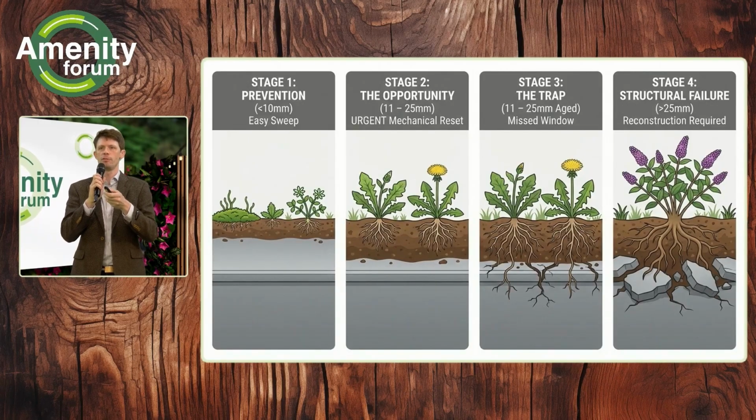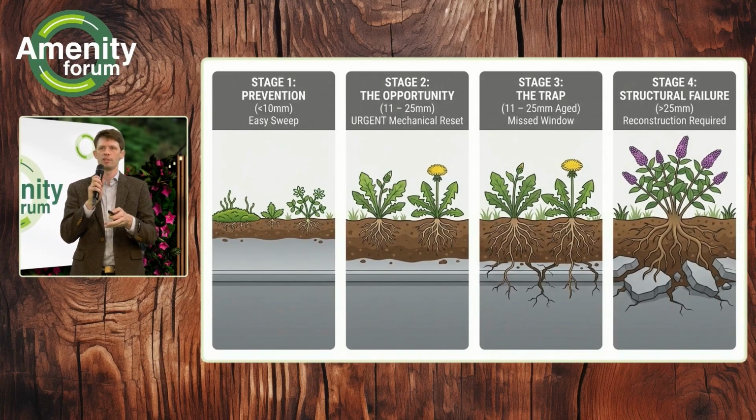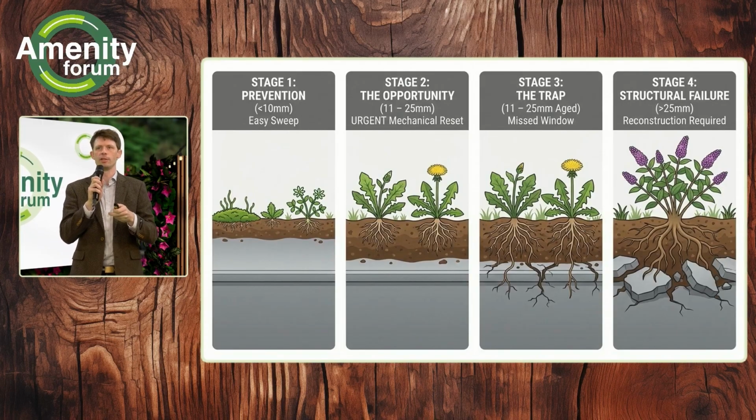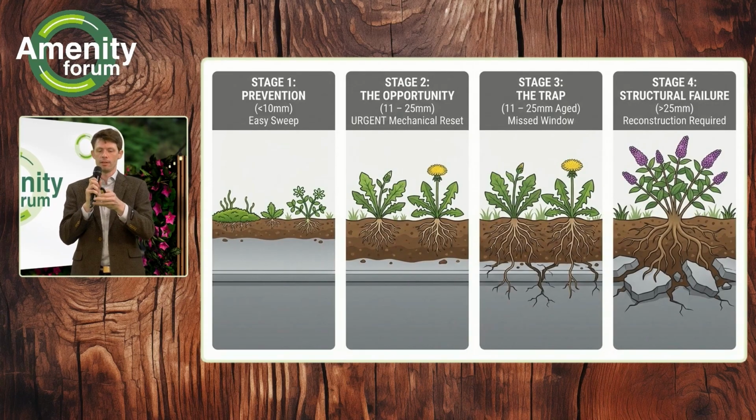By stage 3, you've missed that window where it's no longer causing damage and it's starting to anchor into the surface. Stage 4 is where you start getting proper structural damage, and those woodier plants have the strength to force open the pavement a lot more, and you get much worse problems. So keeping it away from that 25 millimetre stage is critical.